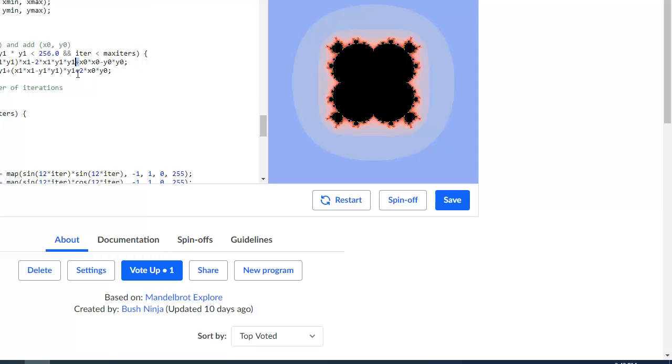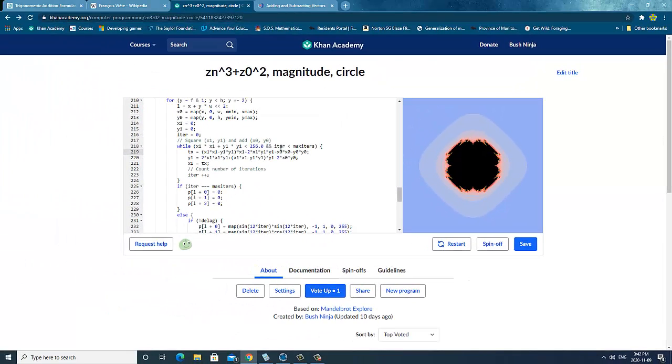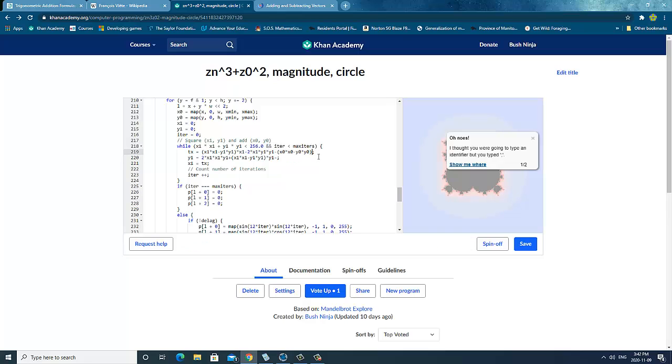Let's see if we subtract it. It should be exactly the same. It isn't there because you have to subtract both of them. So it just reflected and they're exactly the same. But you can change these two around.